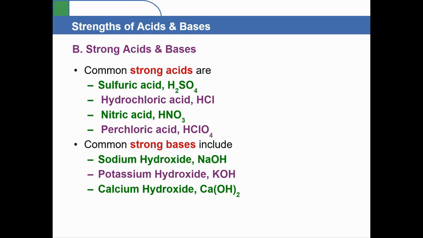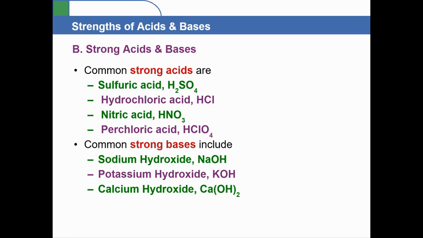Strong bases usually have OH in them, attached to any element in the first 2 columns. Like Na is in column 1, so NaOH is a strong base. Calcium hydroxide, Ca(OH)2, calcium's in column 2, and therefore it is also a strong base.